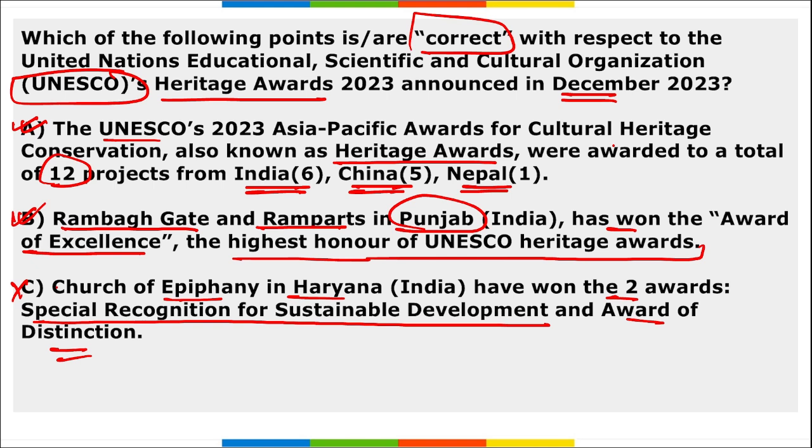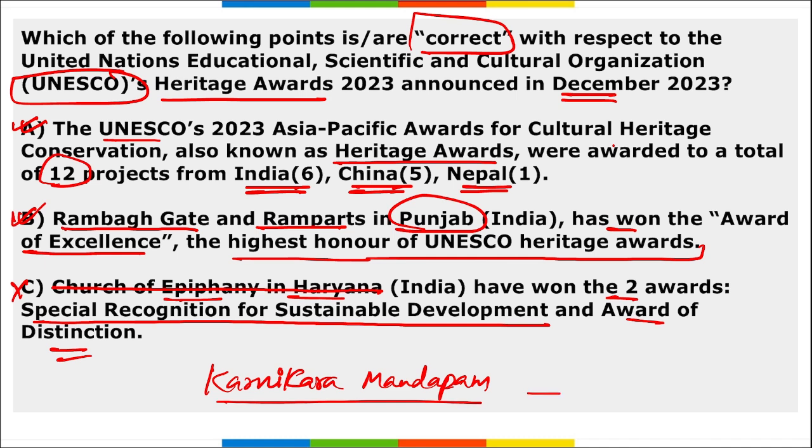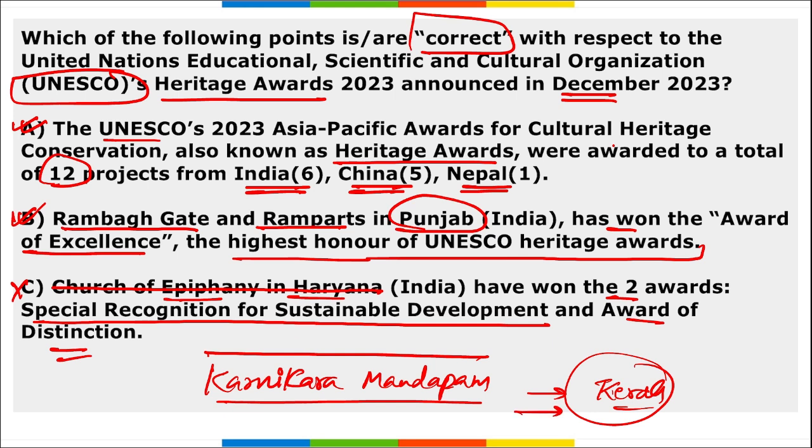No, remember it is not Church of FNE in Haryana but Karnikara Mandapam. Karnikara Mandapam in Kerala, they won 2 awards: Special Recognition for Sustainable Development and Award of Distinction. Now option C is right.